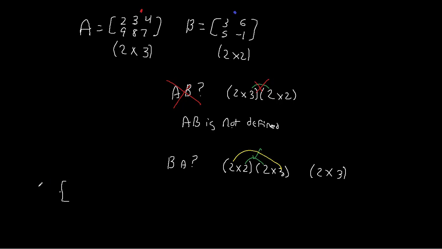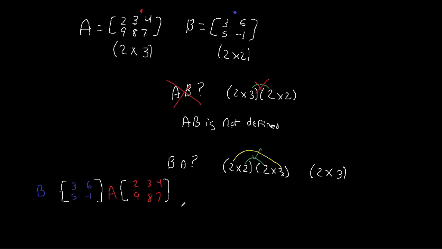So this is going to be B. We know that's 3, 6, 5, -1. And then we have our A matrix, which we know is 2, 3, 4, 9, 8, 7.